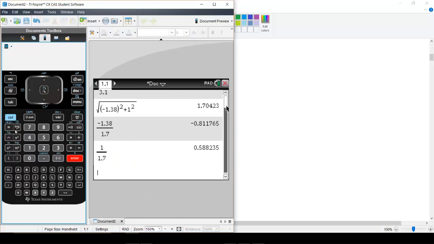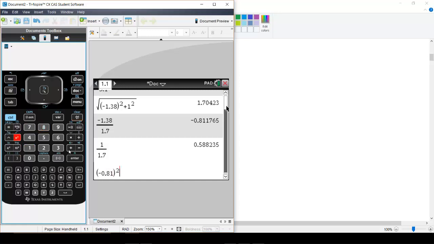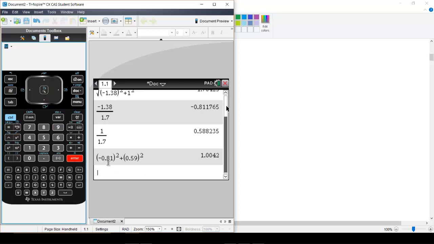And we get that minus 0.81, that's 81, squared plus 0.58, or it was 59, wasn't it? 59 squared ends up being 1.004.